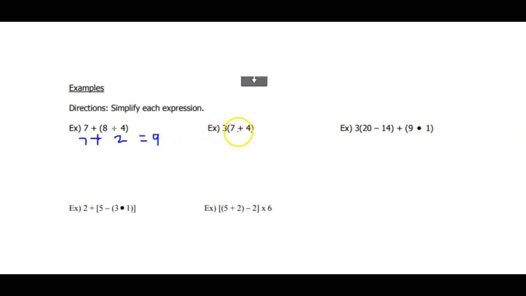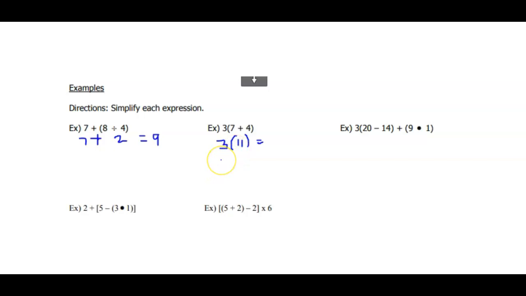Here, I'm going to work inside of the parentheses first, okay? So I'm going to take 7 plus 4 first, which is 11. And then what does this mean, guys? When I have a number beside a parentheses, what am I supposed to do with these two numbers? Anybody? Yes. Okay, I say when a number hugs, it's a hug.